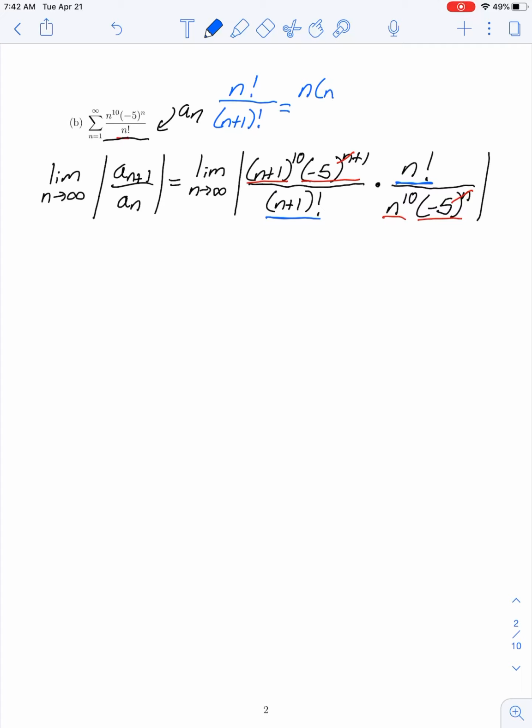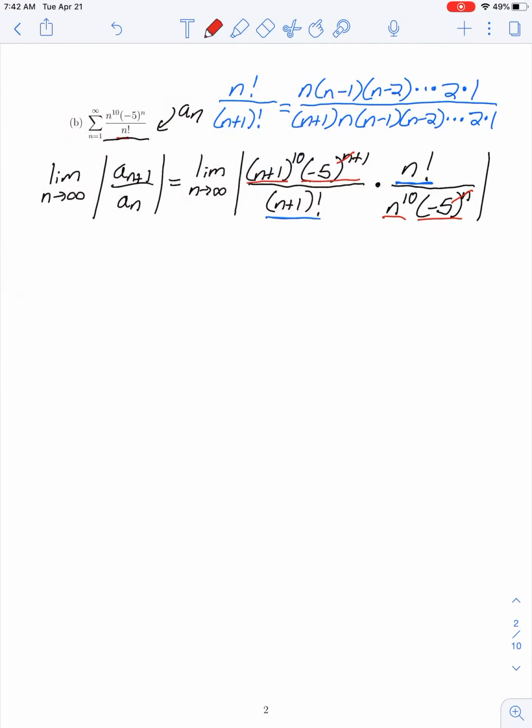So that is n times the integer 1 less than n times the integer 2 less than n, and so on, until we get down to the integers 2 times 1. So if we're then dividing by n plus 1 factorial, well, based off the definition of the factorial, we would have n plus 1 times the integer value 1 less than that, which would be n, times n minus 1, n minus 2, and so on, until we get to 2 times 1.